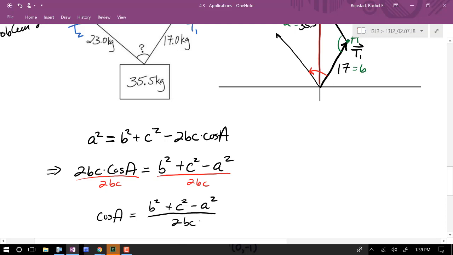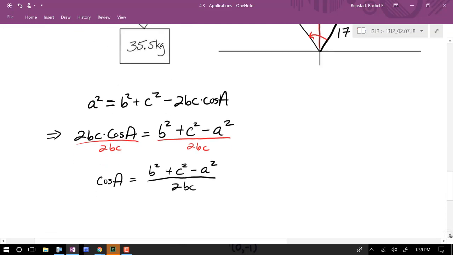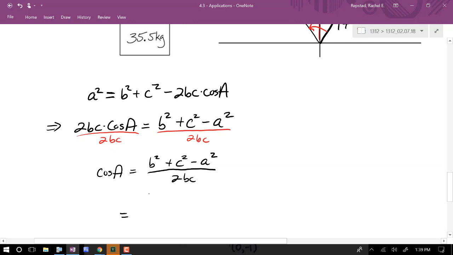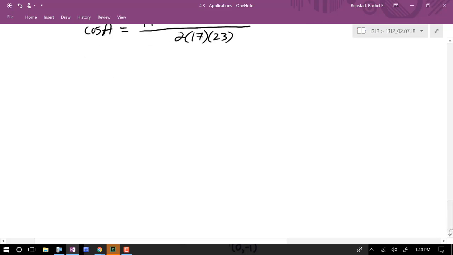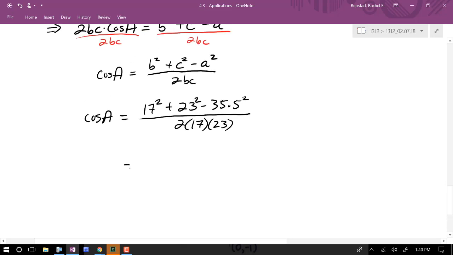And now let's throw these numbers in. So side B, 17 squared plus 23 squared minus 35.5 squared divided by 2 times 17 times 23.